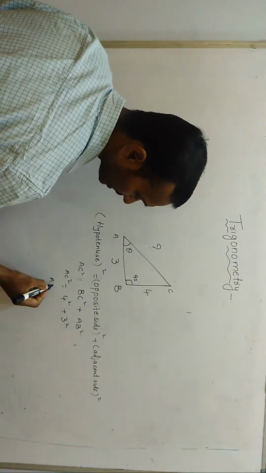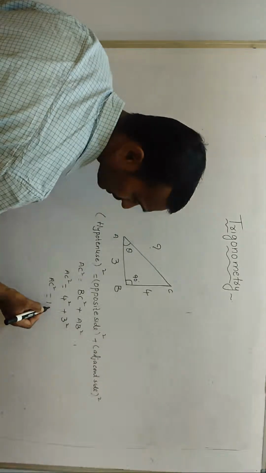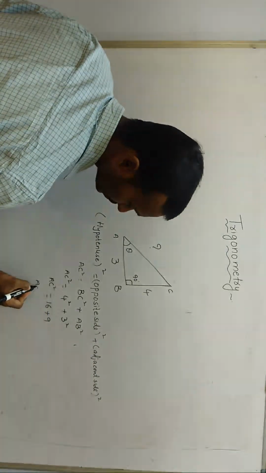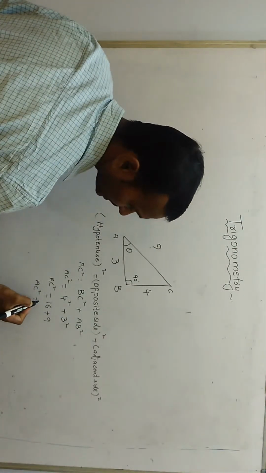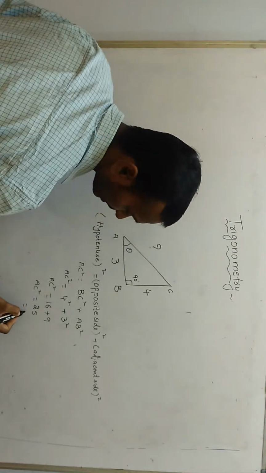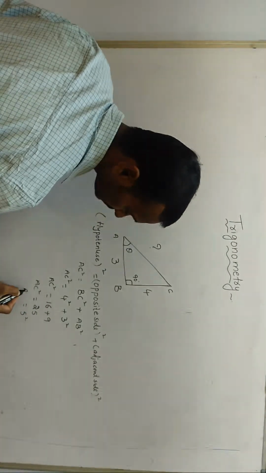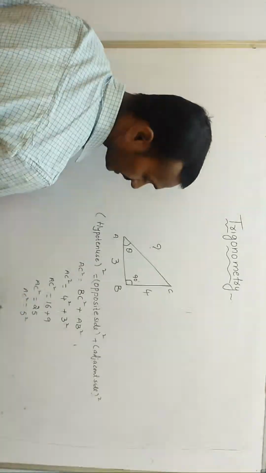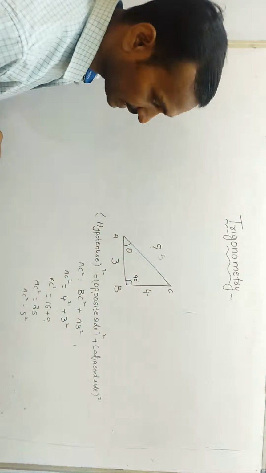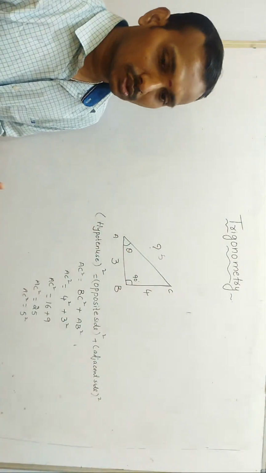So AC square is equal to 4 square, which is 16, plus 3 square, which is 9. AC square is equal to 16 plus 9, that is 25. We can write 25 as 5 square. AC square is equal to 5 square, the squares cancel. AC value is 5.